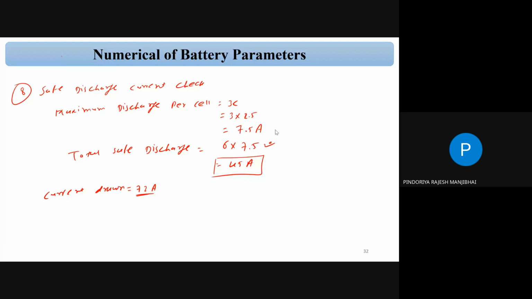So current drawn from the battery is 72 ampere and total safe discharge is 45 ampere. So can you comment for this question?